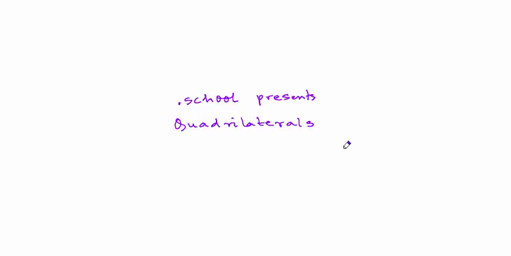Dart School presents quadrilaterals. At the very basic level, a quadrilateral is a polygon with 4 sides and 4 angles.